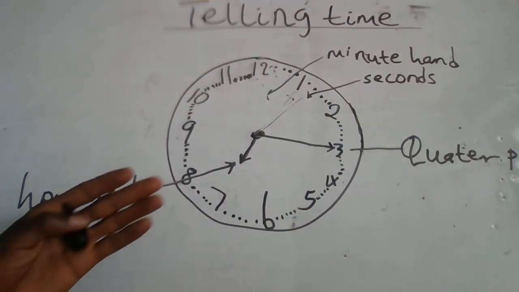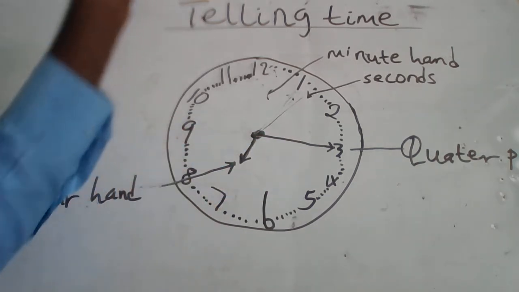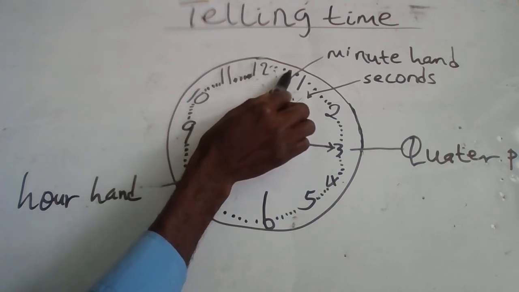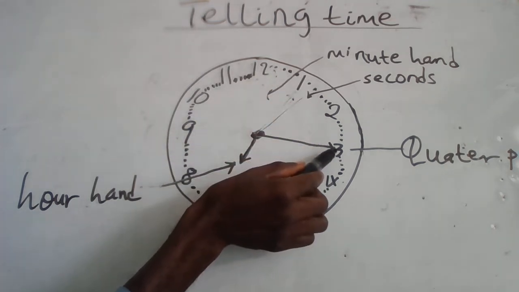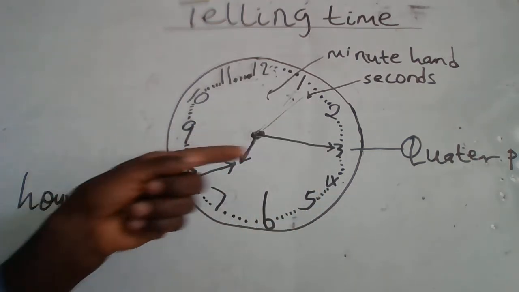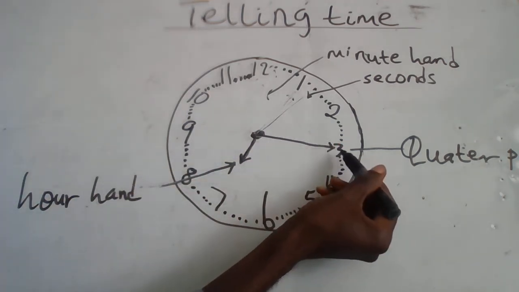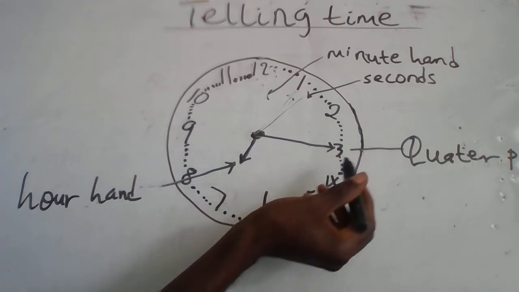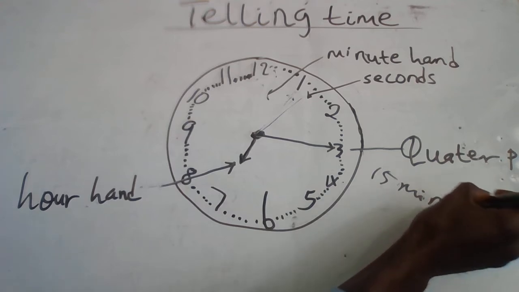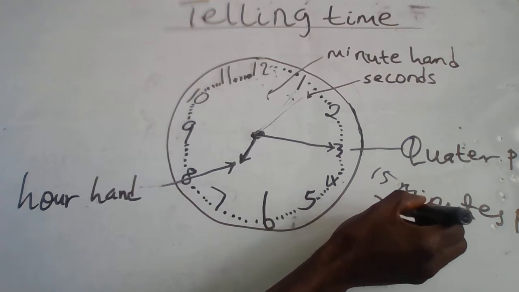But there is nothing wrong if you say it's 15 minutes past 7, because if you count, this is 1, 2, 3, 4, 5. So 5 in 3 places: 1, 2, 3. So 5 times 3 will give you 15. So at this point, we say it's 15 minutes past 7 o'clock.